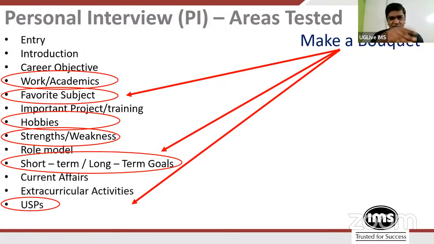Now, something that went wrong in the animation is this bouquet bit. I always talk about not focusing your personality on one part of it. So say, for example, all I have in my life is my academics. Shouldn't be the case. All I have in my life are extracurriculars. Shouldn't be the case.